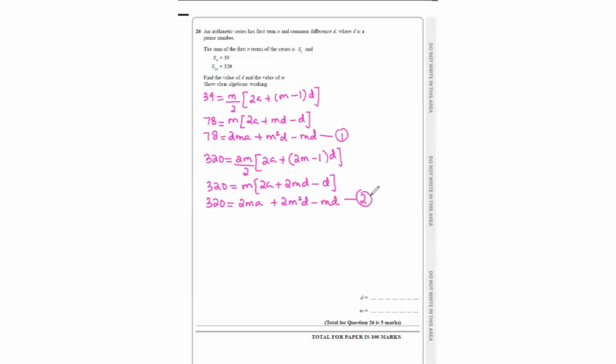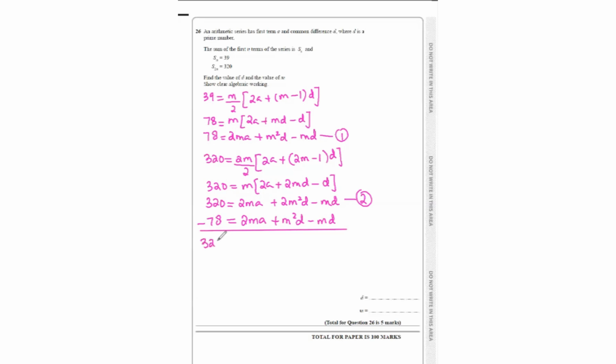That's the second equation. Next, I'm going to solve these two equations simultaneously to further simplify. So 78 equals 2ma plus m square d minus md. I'm going to subtract these two equations to get rid of the md.